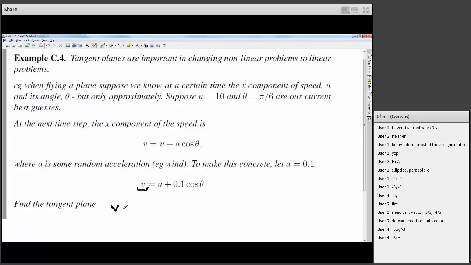So it's going to be v minus our point in question, let's call it v naught, and it's going to be equal to our partial derivative of v with respect to u at our point in question, u naught theta naught, times by u minus u naught, plus the partial derivative of our value v with respect to the next variable theta at our point in question, and then our theta minus theta naught.